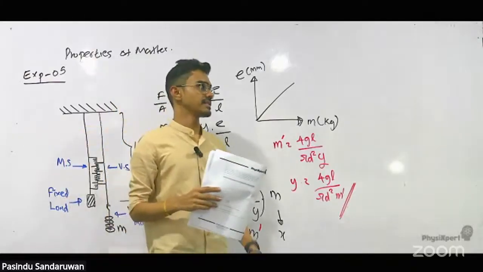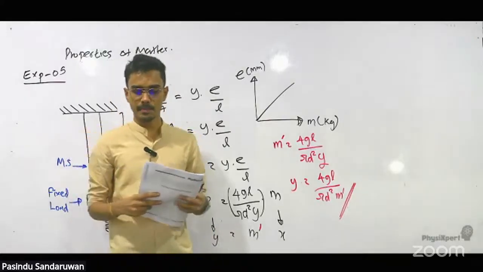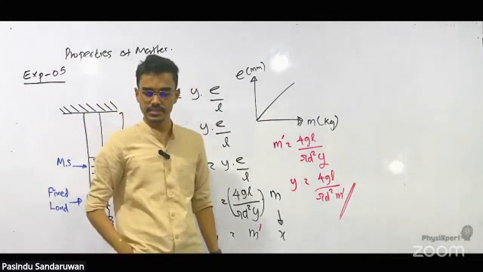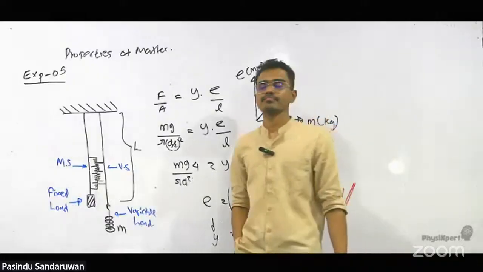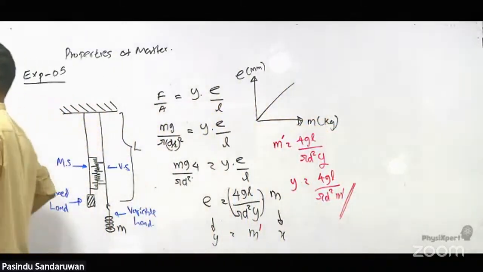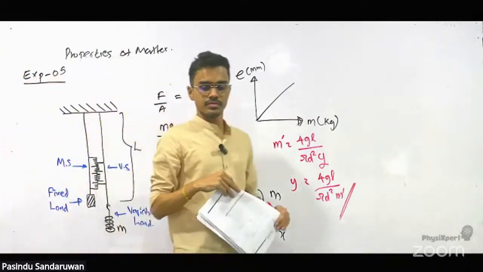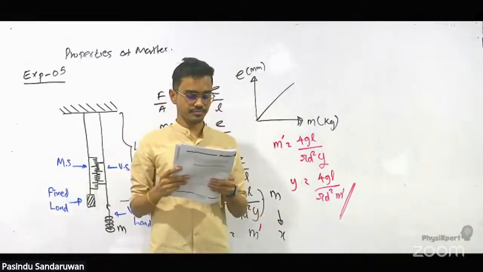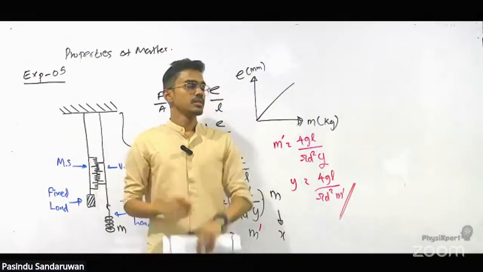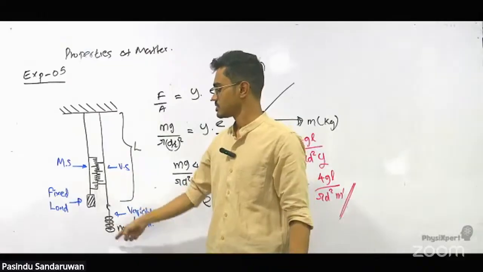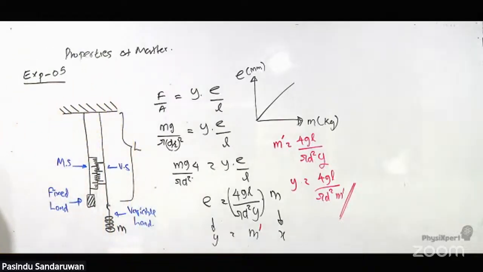Next, a main scale calibrated in millimeters. Next, a vernier scale. Then a pan.